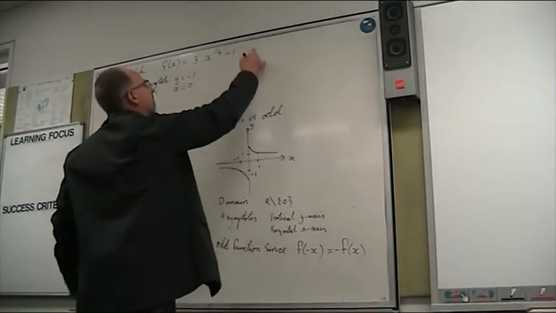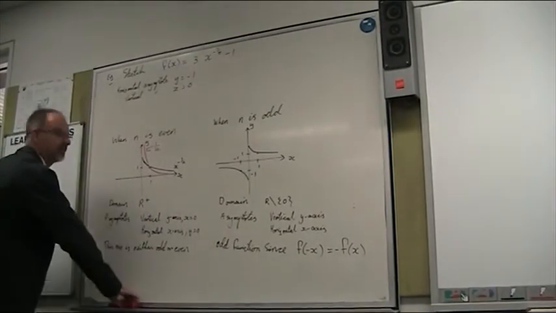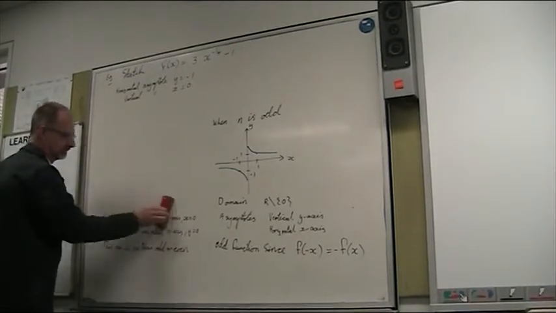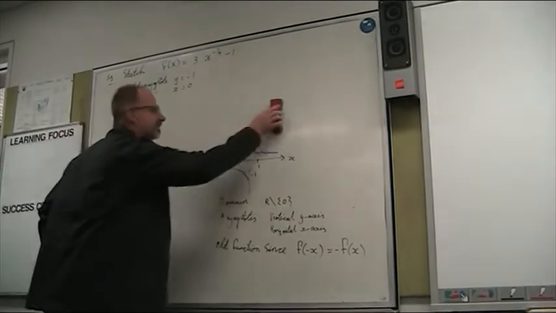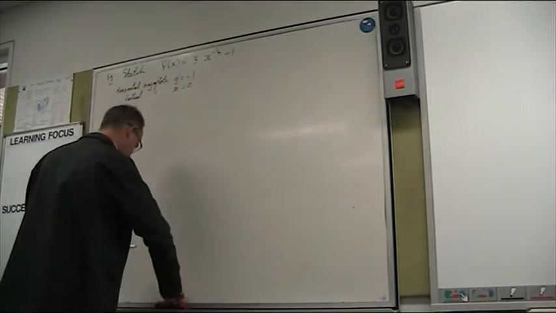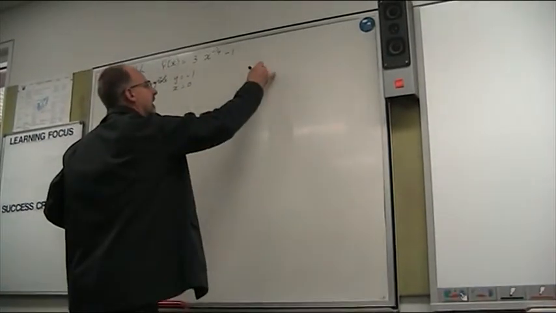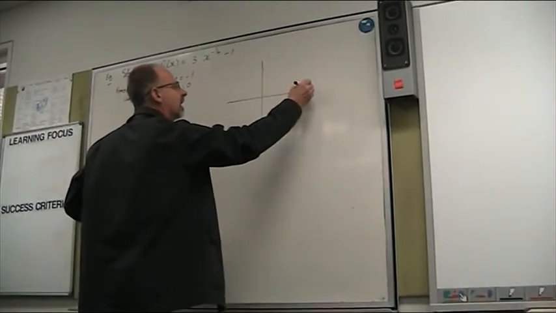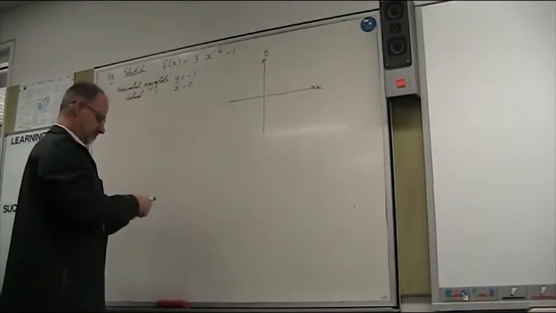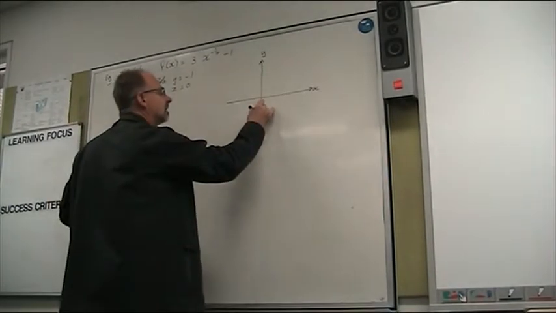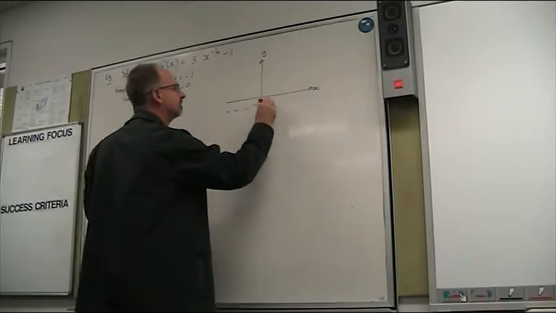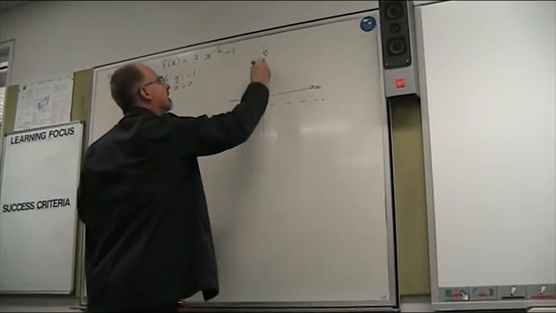So if it's moved down 1, we've got a horizontal asymptote here, a vertical asymptote here.